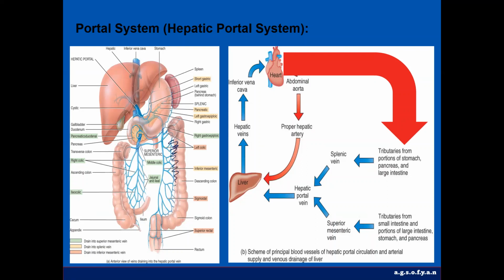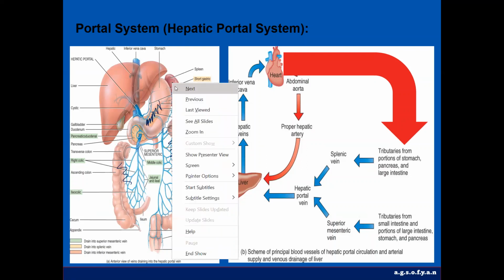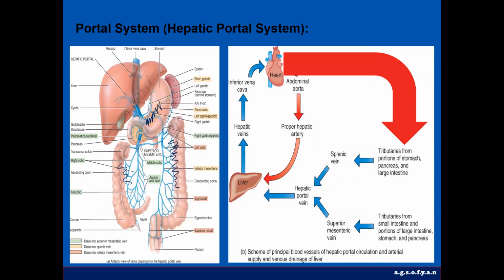So there will be capillaries in the intestine. There will be capillary in this stomach, capillary in this spleen. And then all of this blood coming from this capillary will actually be delivered to the liver over here. Okay, so all will be going to the liver, and this is what we call the portal system.